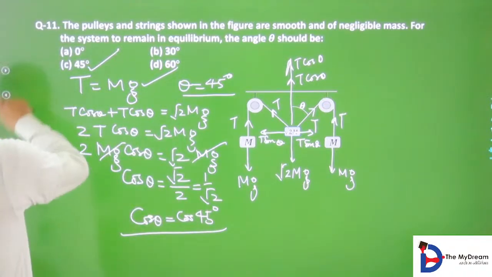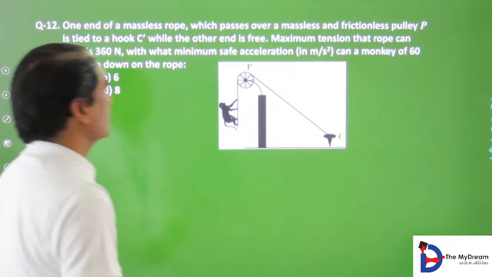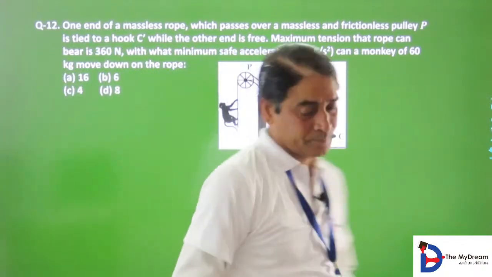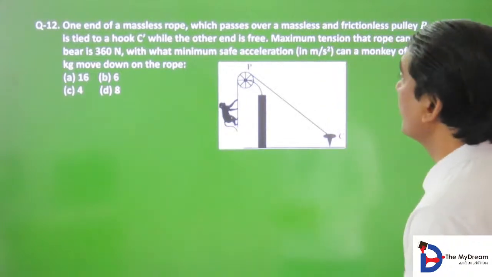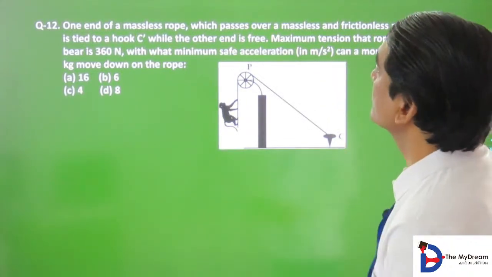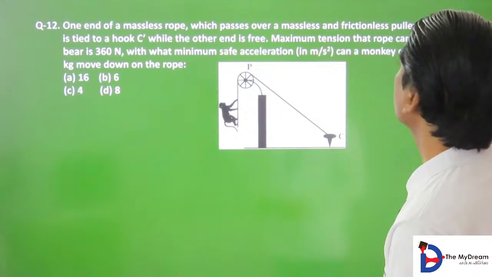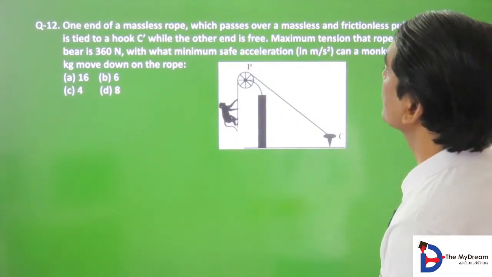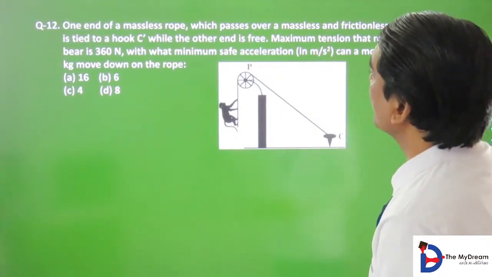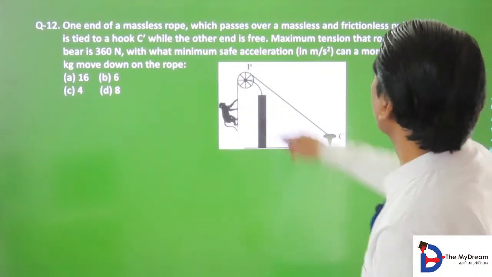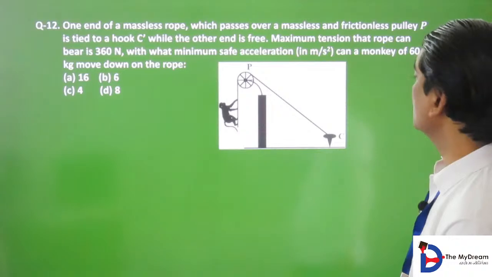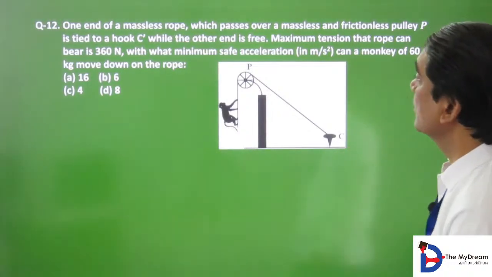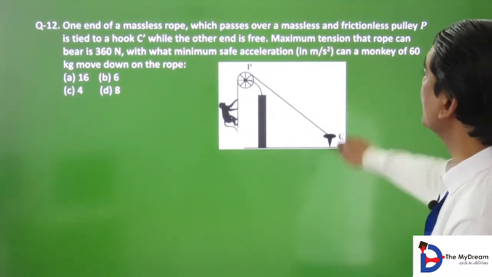Next question is: one end of the rope, which passes over a massless and frictionless pulley P, is tied to a weight, while the other end is free.